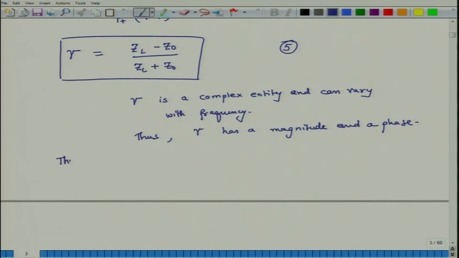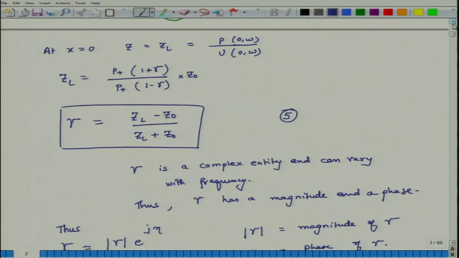Thus, I can express gamma with some magnitude, and if it has a phase, then the phase term can be expressed as e to the power j times eta, where this is the magnitude of gamma, and eta is the phase of gamma.